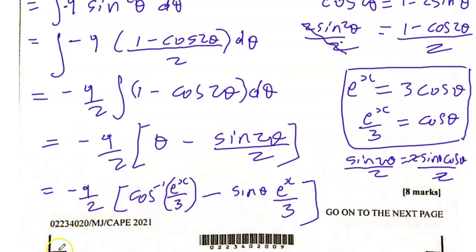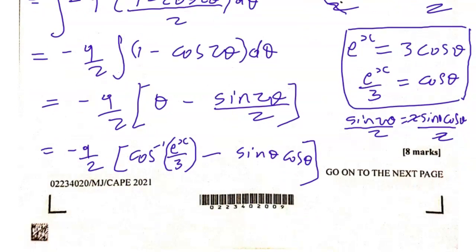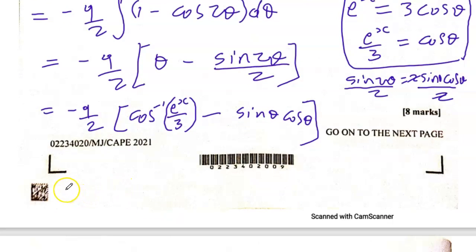Let me just do it step by step. So sine 2 theta over 2, from the double angle, is equal to sine theta cos theta. Now remember, we want to get rid of all the theta terms and replace them with x terms, right? So let's take an extra step here.